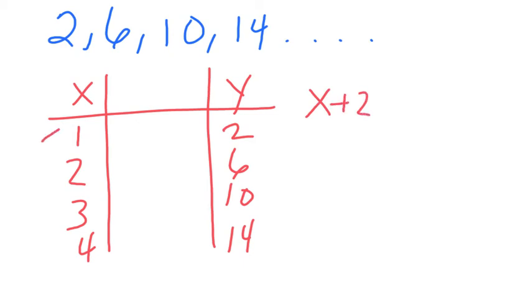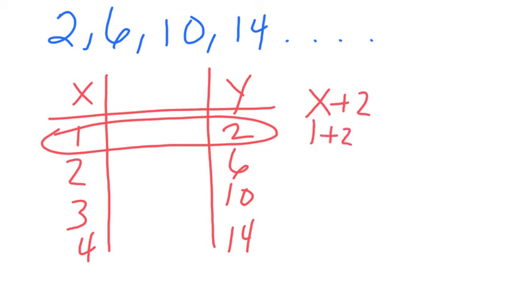Always look at this first one, see what works for that, and then try it out on the second one. Well, if x was 1, 1 plus 2 would be 3, so that doesn't work. Try something different. What if I did x plus 1? Well, 1 plus 1 is 2. That works for that. Will it work for 2? 2 plus 1 is 3. Nope, won't work for that.